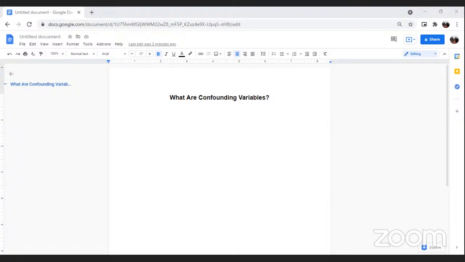In statistics, a confounder is a variable that influences both the dependent and independent variables. Let's see an example. For example, if I am researching whether a lack of exercise leads to weight gain or not, lack of exercise is the independent variable.